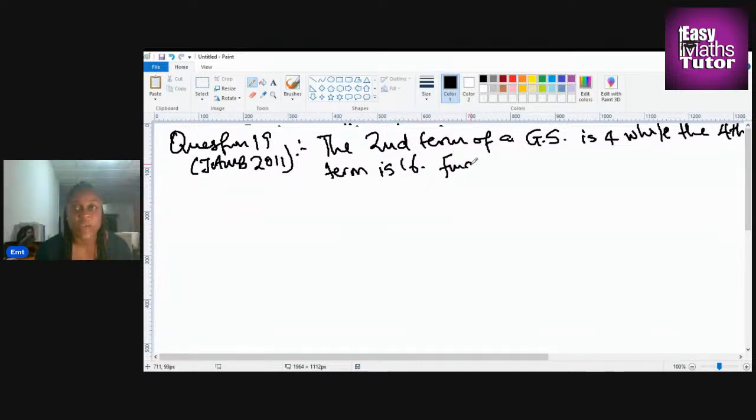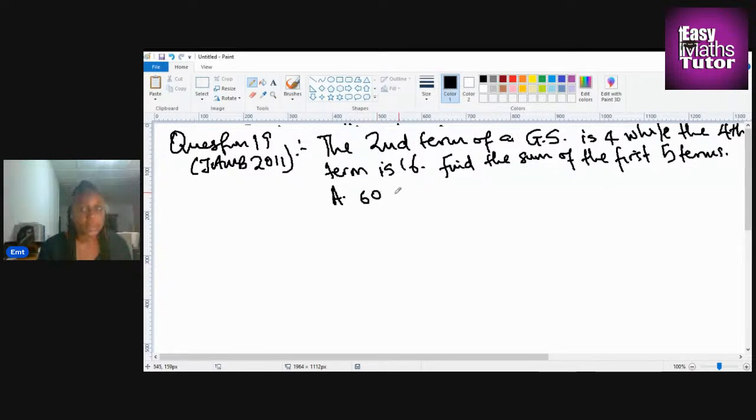of the first 5 terms. Option A is 60, option B is 62, option C is 54, and option D is 64.